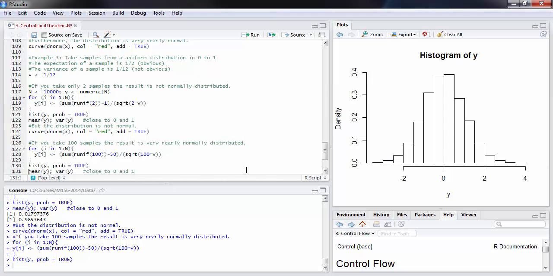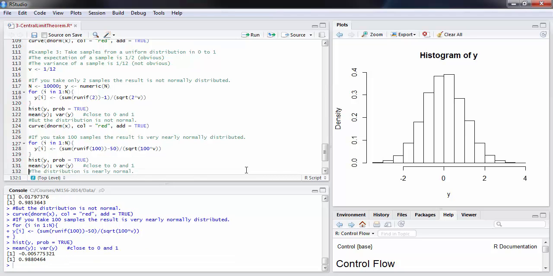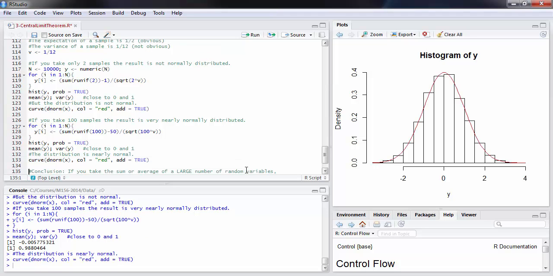And now this histogram is looking very much like the histogram for a normal distribution. Furthermore, the mean is close to 0, the variance is close to 1, and there's the demonstration that the overall distribution is very close to normal.